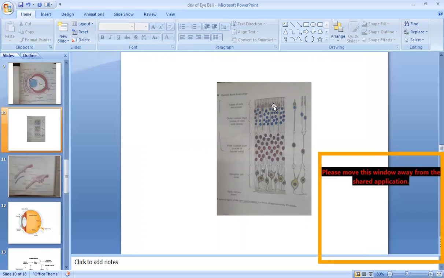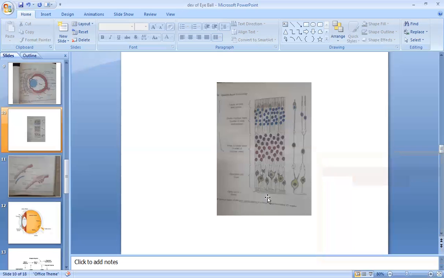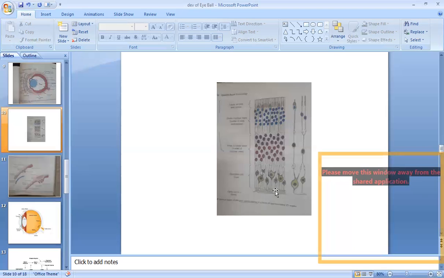Then there is the outer nuclear layer of the rods and cones, and then the inner nuclear layer, which has the bipolar cells as well. These are the ganglionic cells. Finally, they converge on the fibers of the optic nerve, and they are sent to the brain.